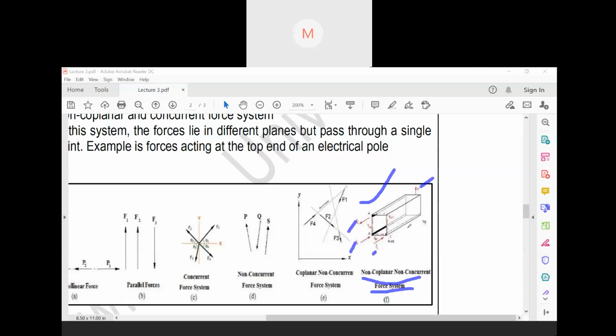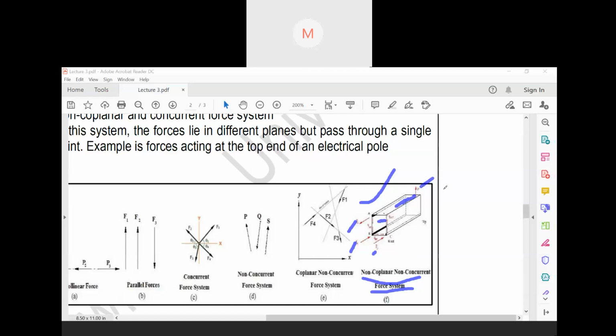Now these force systems are not acting on the same plane. This force and this force are acting on this plane. Now this force P is acting on this plane, and this force F2 is coming from this plane. So in this way these are not on the same plane. That means they are non-coplanar.